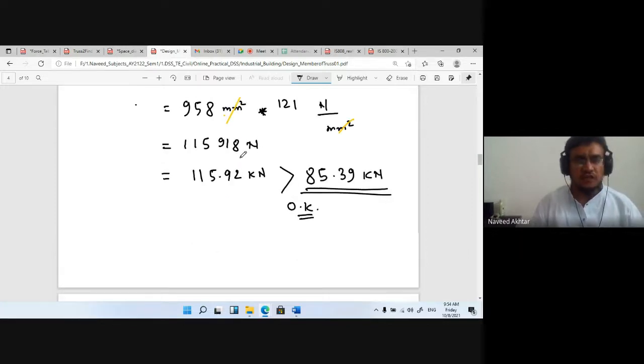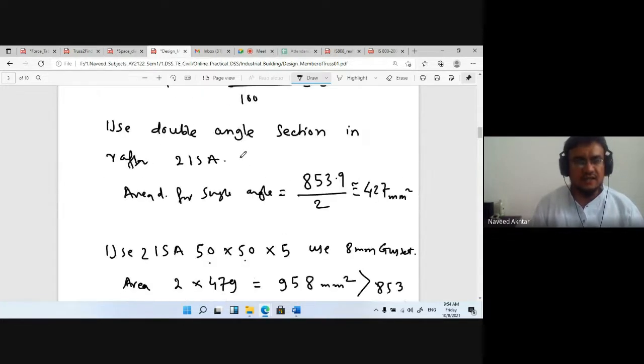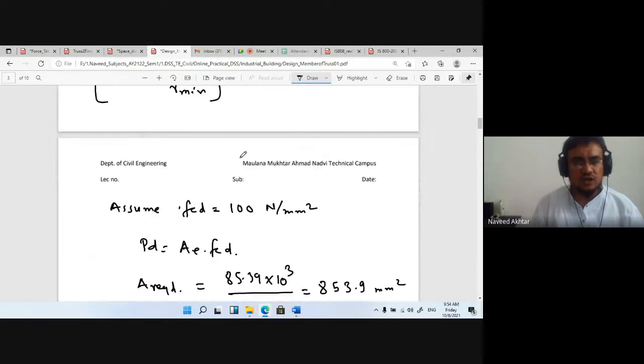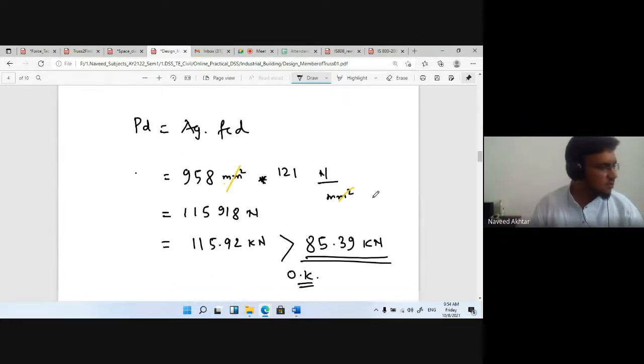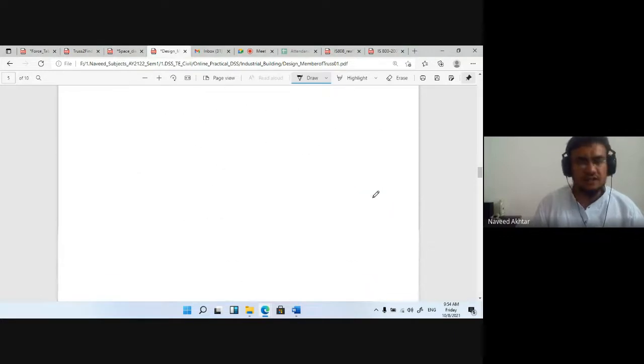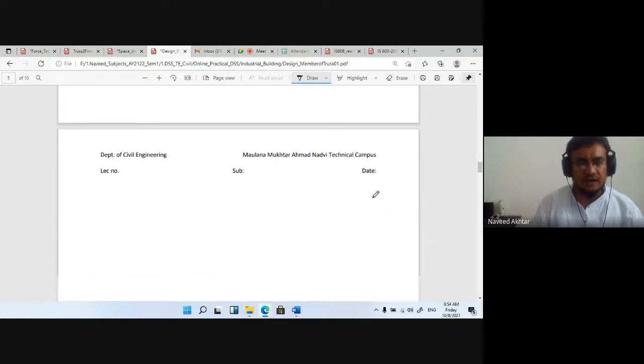Now for the design of the rafter, you have to design for compression, and you have to check for tension. How can you check for tension?